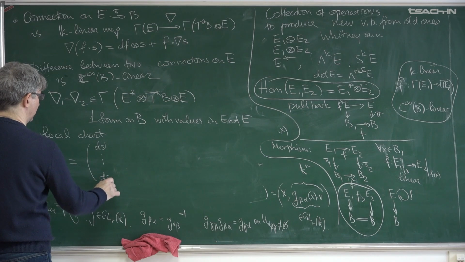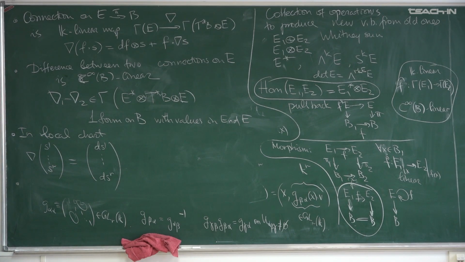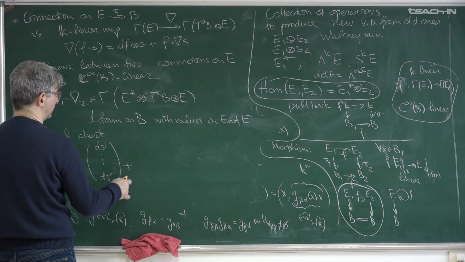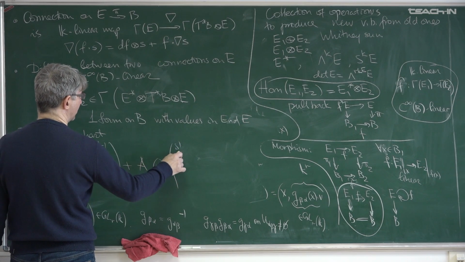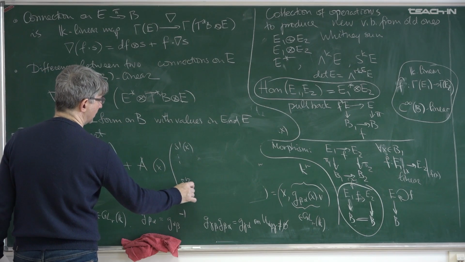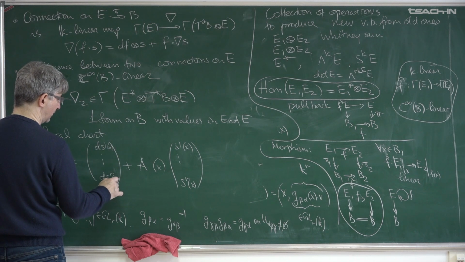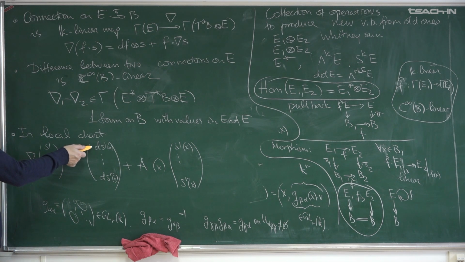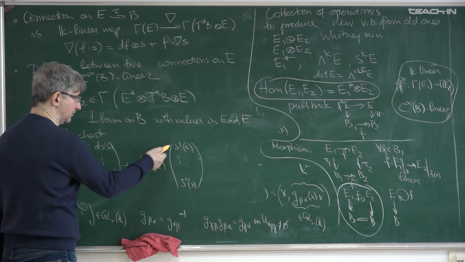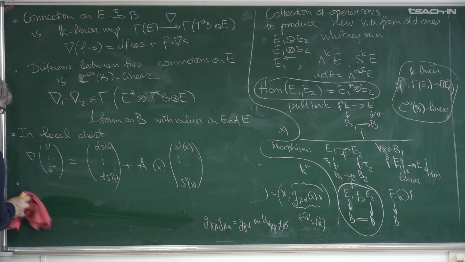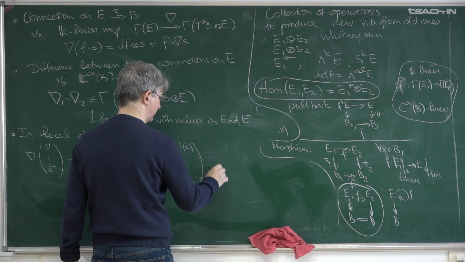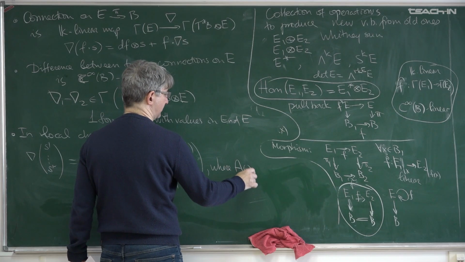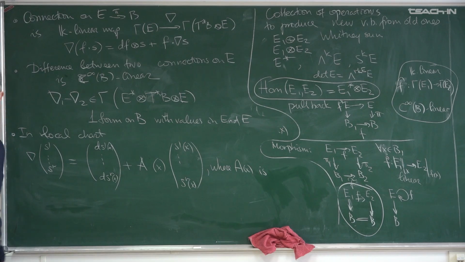The first summand is just the differentials of this thing, and the second is some matrix which depends on X applied to S1 through SR. Here I want to indicate that everything depends on the point X. So the differential is taken with respect to coordinates in the base, and now I would ask you to tell me what is A. Matrix of one forms, yes.